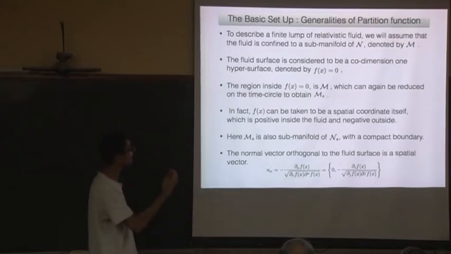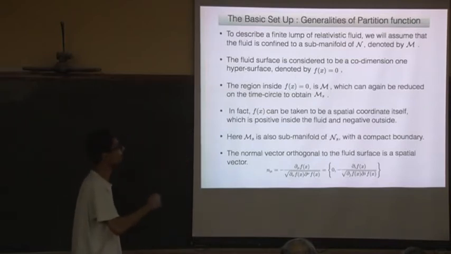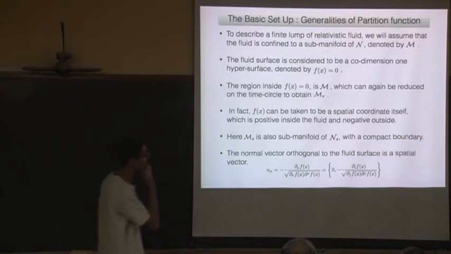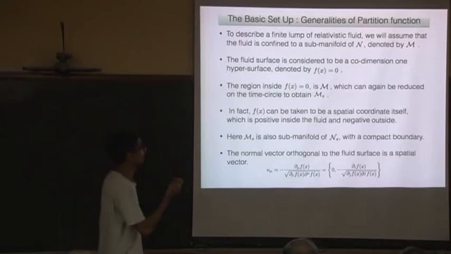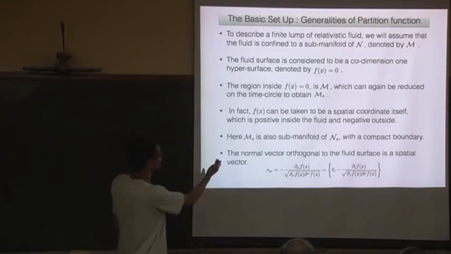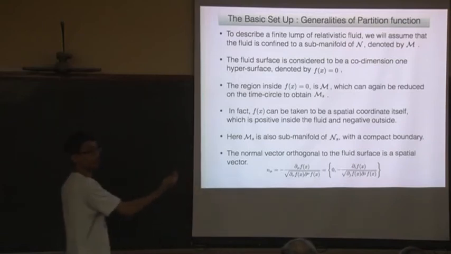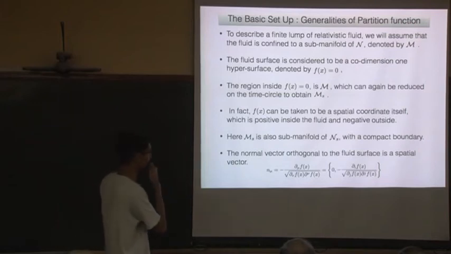The region inside f of x equals 0 is that capital curly M, which can again be reduced from the time circle to obtain this subscripted M. In fact, f of x can be taken to be a spatial coordinate itself, which is positive inside the fluid and negative outside. I've already said this M is also a submanifold with a compact boundary.